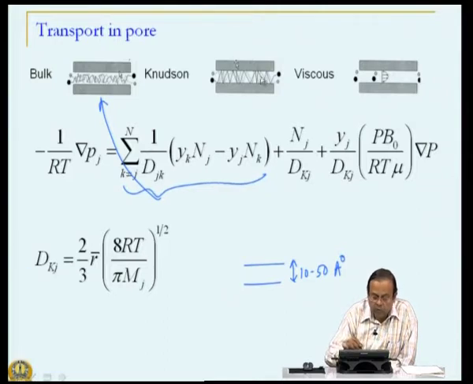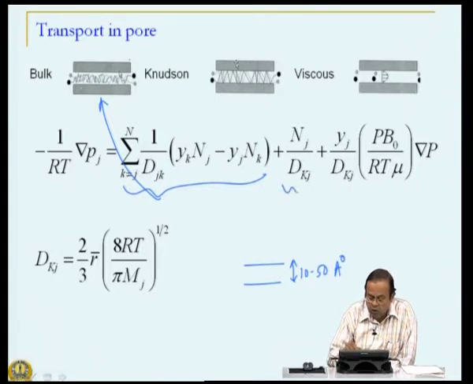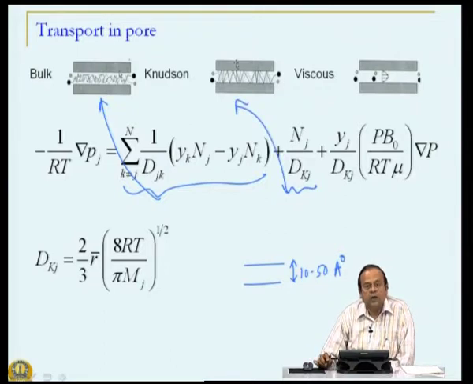And therefore, the diffusion which is driven because of contact between the gaseous molecule and the wall of the pore is referred to as Knudsen diffusion. And so the second term that we see over here is a contribution of Knudsen diffusion. Okay, that is primarily because of contact between molecule and wall.